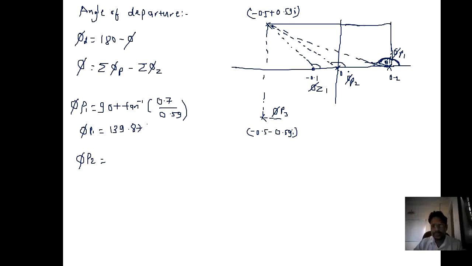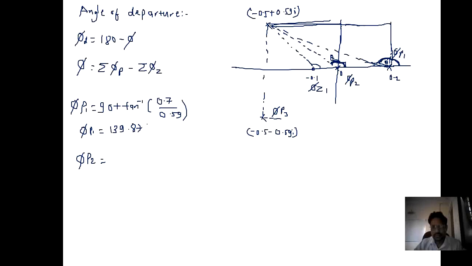Likewise phi p2. For phi p2, this combined angle, in which this angle is 90, only this one, and for the remaining angle, again consider this triangle, so theta equal to again opposite by adjacent.